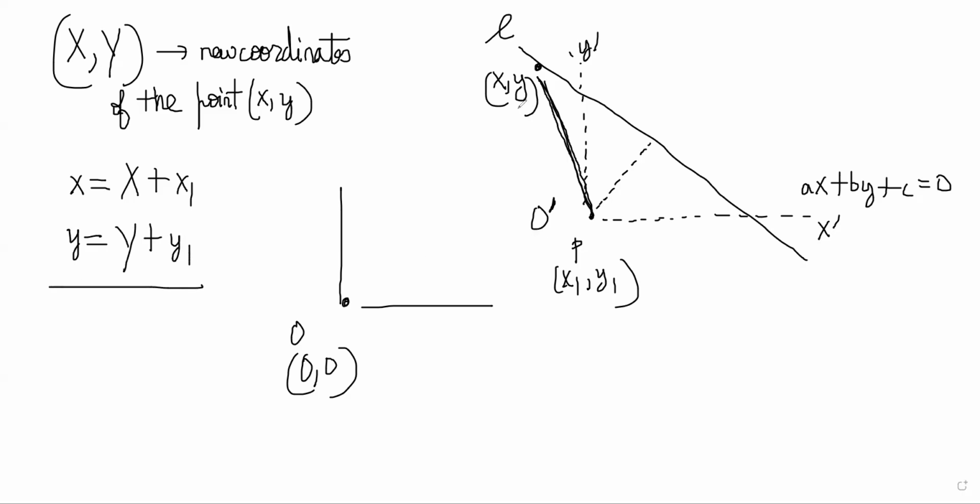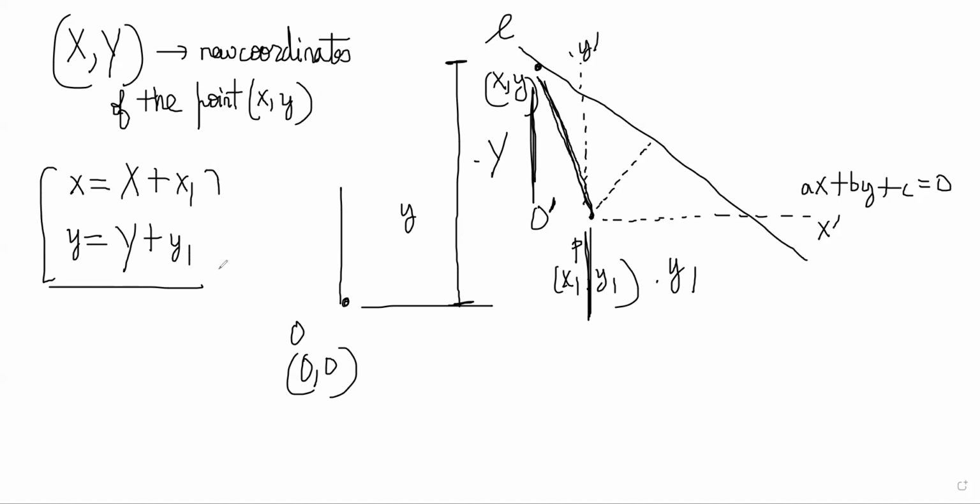Why? So capital Y was this height and small y was this height because it was referred to the old origin, and capital Y is this height, right? And this much is y1, right? So you can easily say that small y is equal to capital Y plus y1. Similarly, you can do this also.